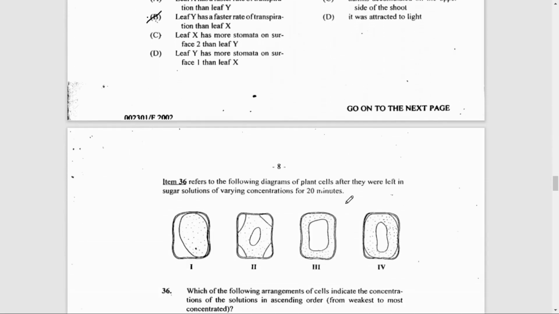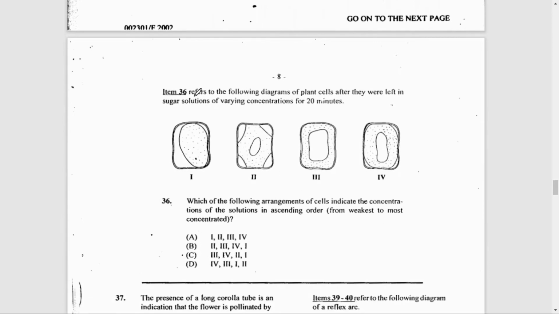Good. Number 36. Item 36 refers to the following diagrams of plant cells after they were left in sugar solutions of varying concentrations for 20 minutes. Which of the following arrangements of cells indicate the concentrations of the solutions in ascending order from weakest to most concentrated?